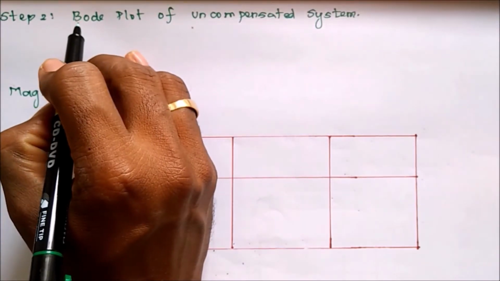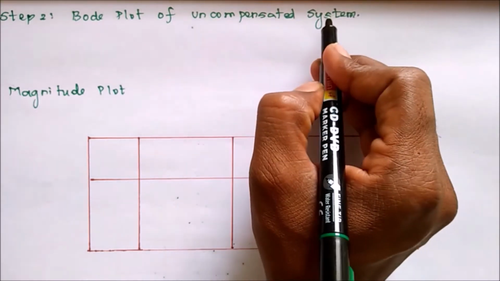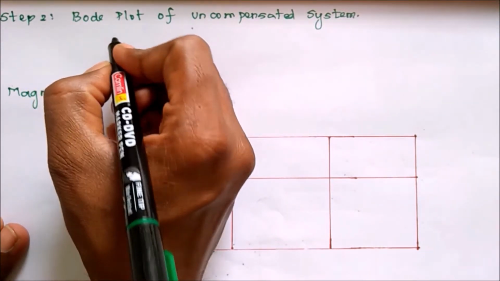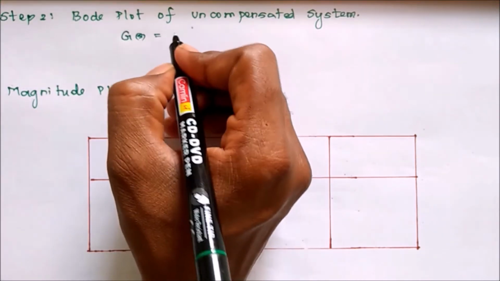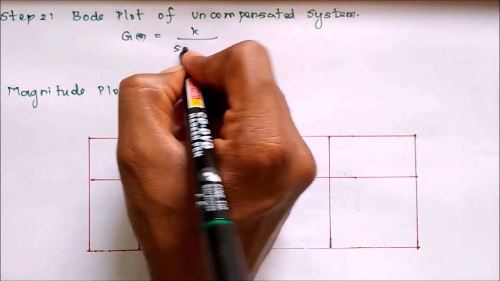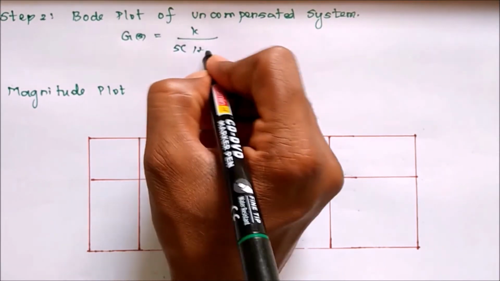Next one is step 2, Bode plot of the uncompensated system. In the first step we calculated the value of K, K equal to 5. The given open loop gain is G(s) equal to K divided by s into (1 plus 2s).